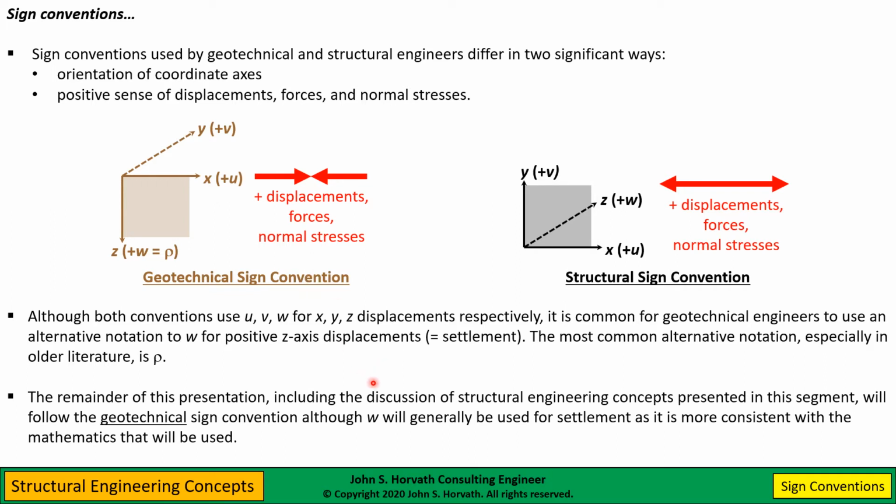I do want to emphasize that the remainder of this presentation, including this segment where I'm talking about structural engineering concepts, is using a geotechnical sign convention. So for those of you viewing this presentation who are primarily structural engineers, please understand that the signs of stresses, things like that, will be opposite that which you're more familiar with.